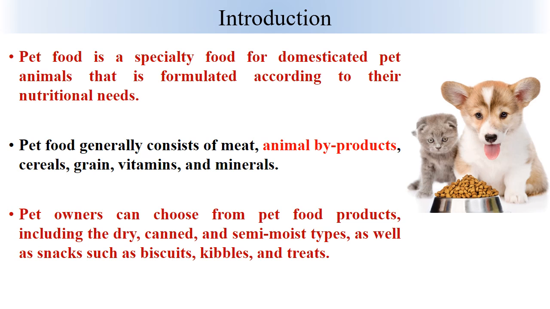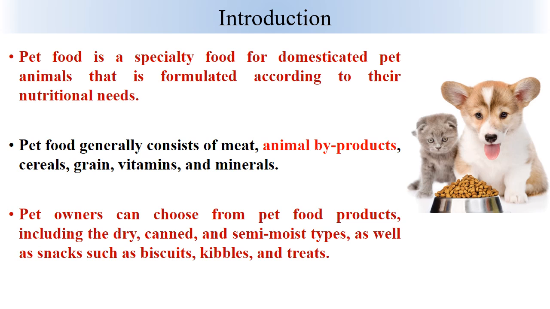Now, pet food generally consists of meat or meat origin byproducts because all these animals are non-vegetarians. So foods of animal origin or animal proteins are very important for their proper nutritional requirement. In addition to that, there will be cereals, grain, and especially vitamins and minerals are to be added.